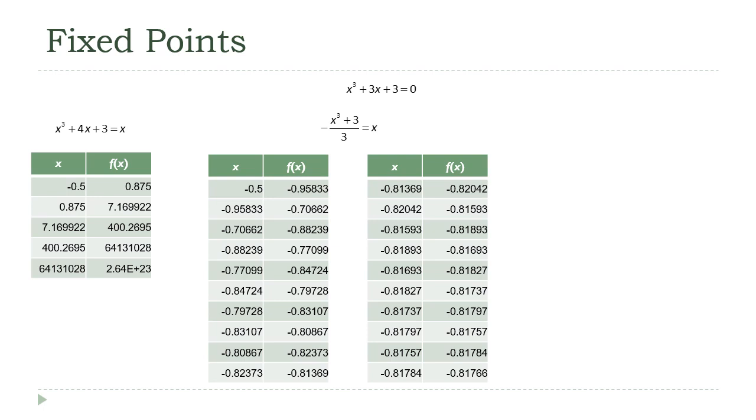And okay, this sequence does appear to be converging to a number between -1 and 0, but it's doing it really, really slowly, right? It took 7 iterations for us to get to 1 decimal place of accuracy.